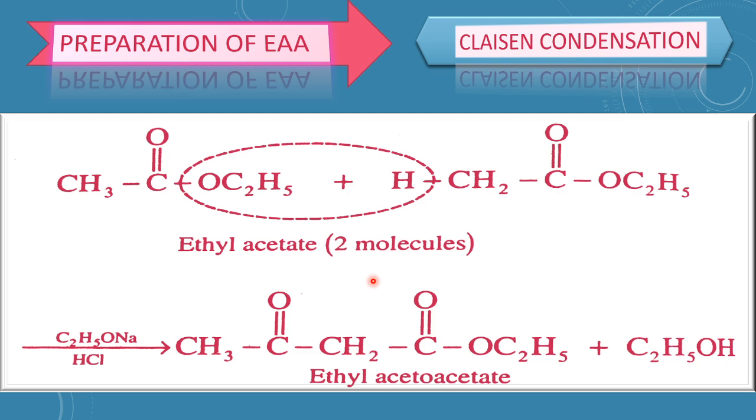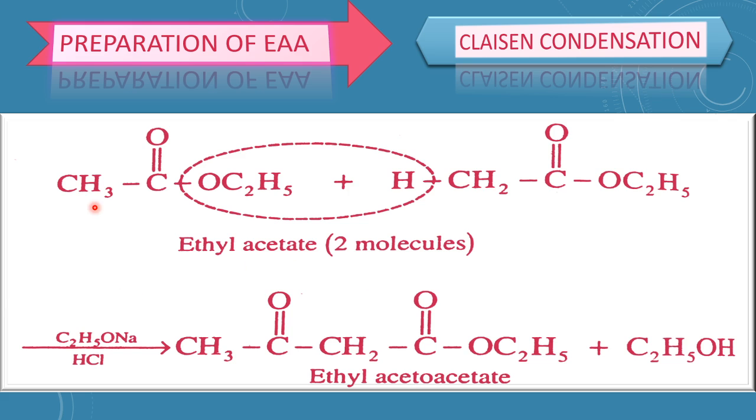Two molecules of an ester containing alpha hydrogen undergo base-catalyzed condensation in the presence of sodium ethoxide, forming a beta ketoester, or ethyl acetoacetate. This reaction is also called the Claisen condensation reaction.